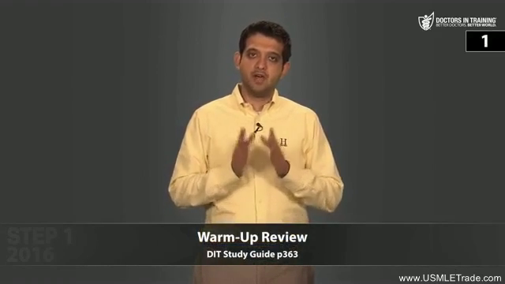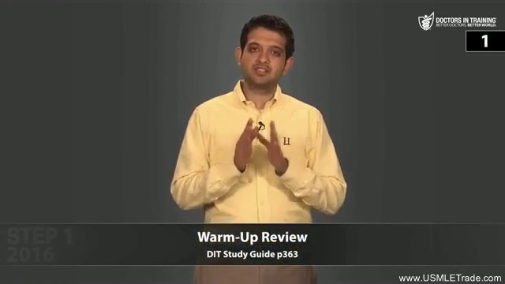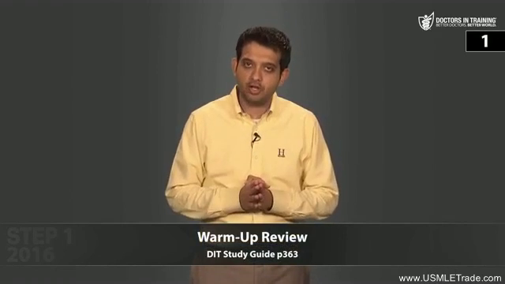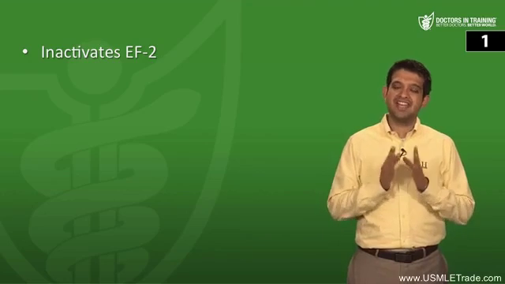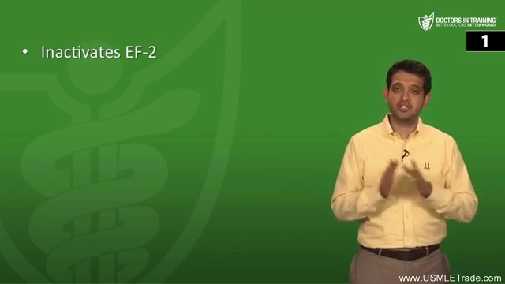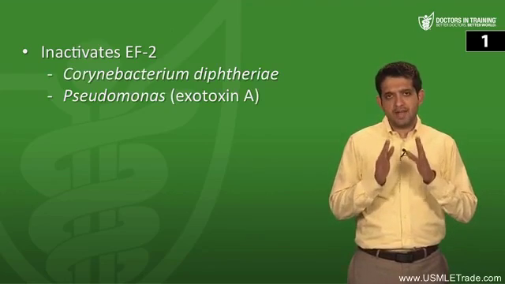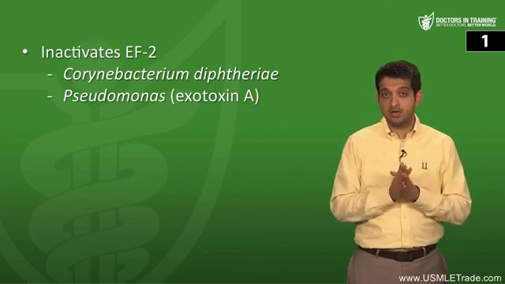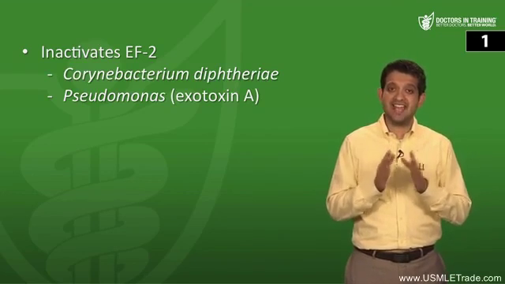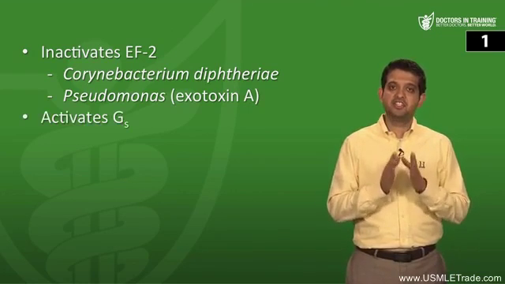First question, which organism produces an exotoxin that works via each of the following mechanisms? First, it activates EF2, which is elongation factor. So this one is Corynebacterium diphtheriae, also Pseudomonas exotoxin A. Next, activates GS.